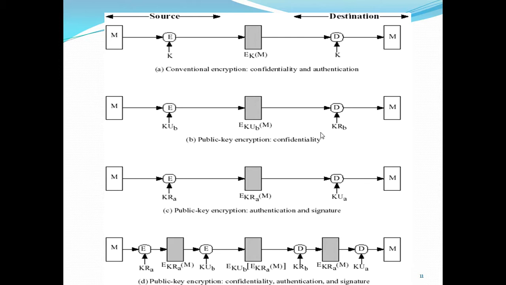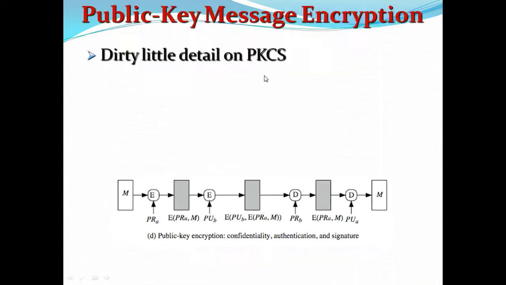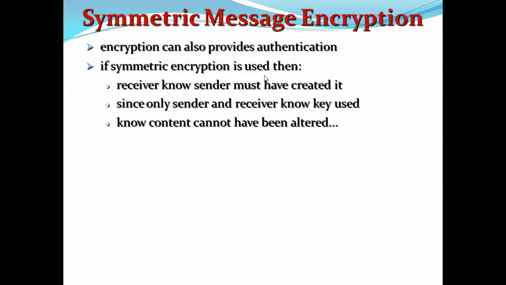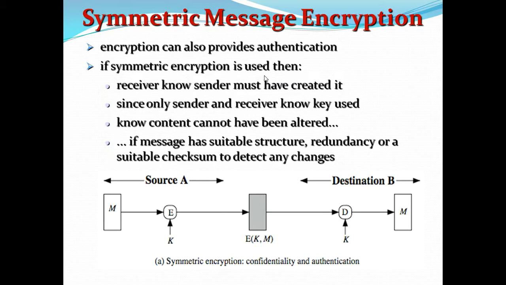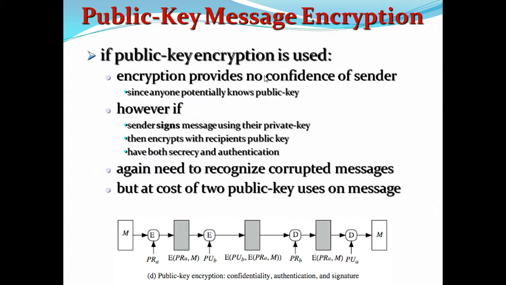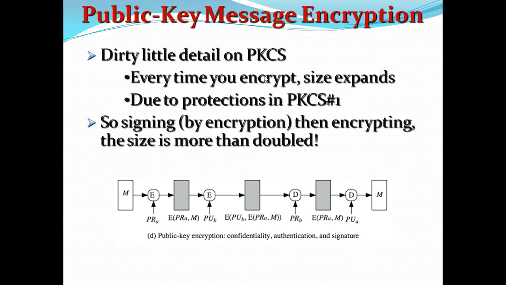See the consolidated methods in the encryption. Conventional encryption, in the previous diagram, is a continuation of this. This is a symmetric key encryption, and we discussed it in the last class. There is also public key encryption, and some more diagrams.